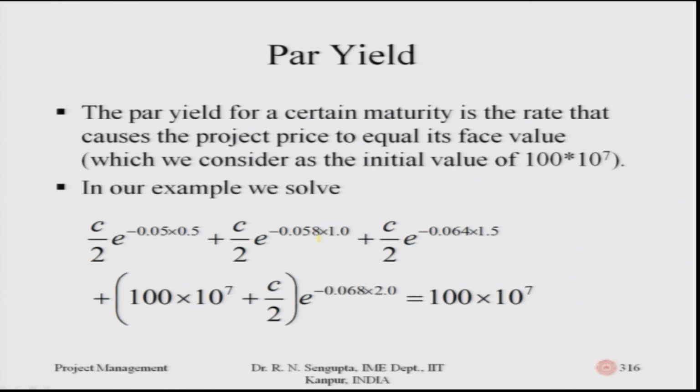Now, we will come to the concept of par value. So, for par value, what we have done is exactly the same here. The par yield for a certain maturity is the rate that causes the project price to equal its face value. In the first instance, IRR was when you put the net present value as 0.